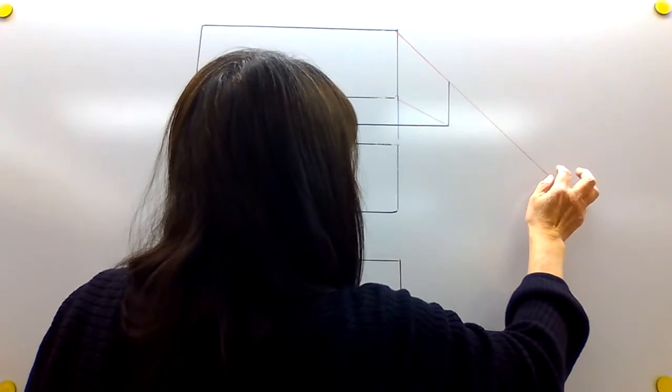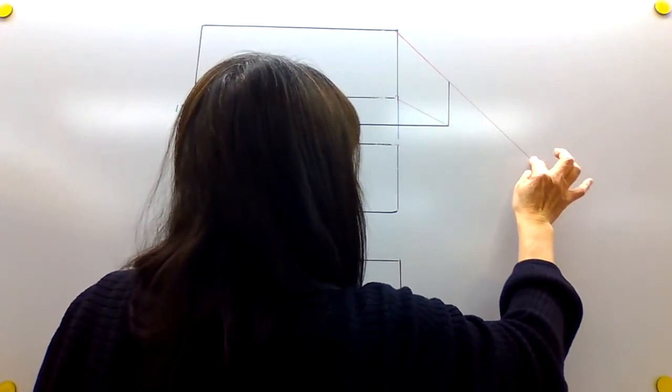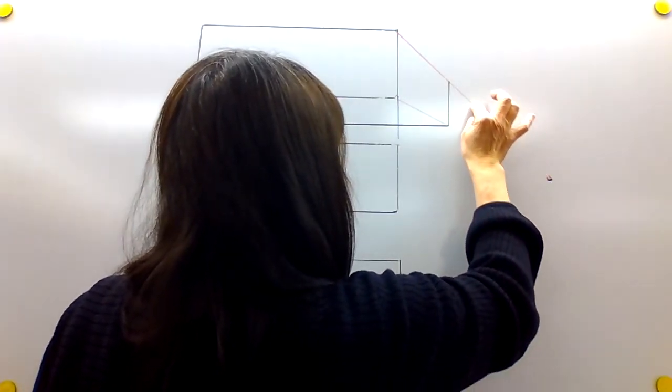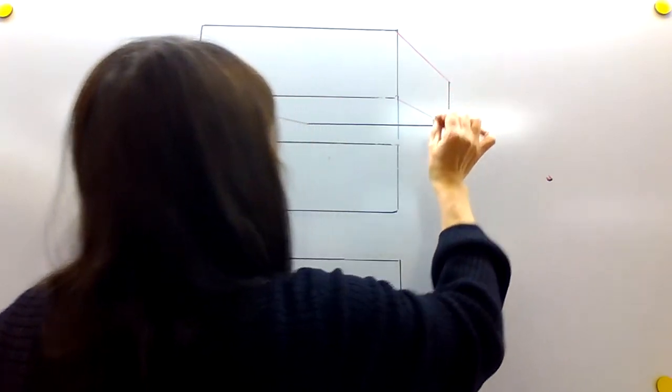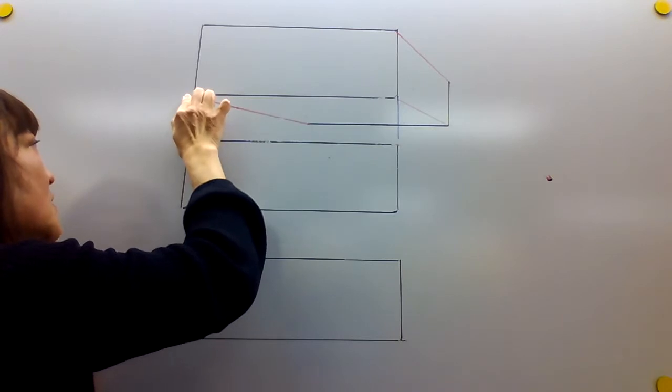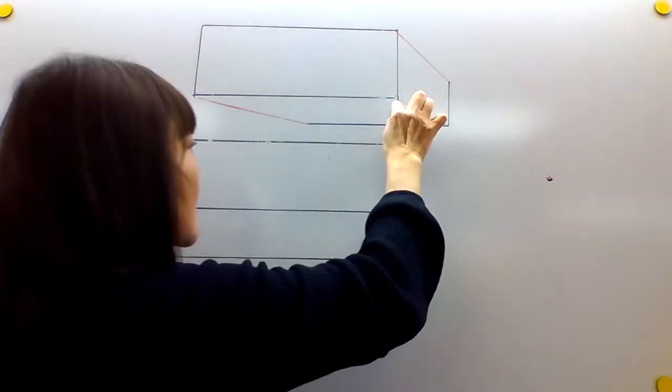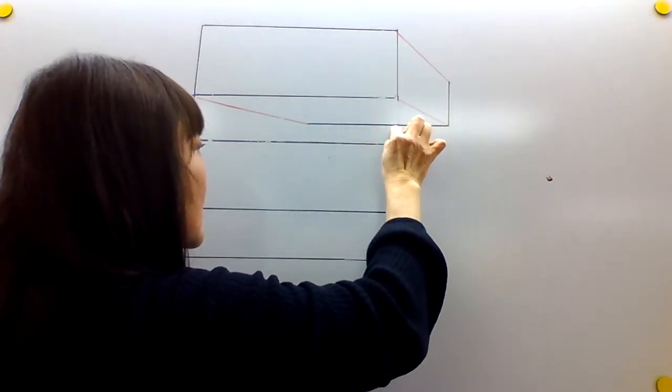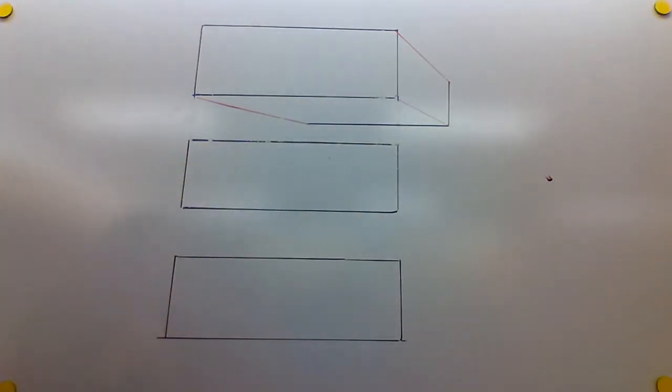Okay? And here we go. Okay. And also you have to erase the extension line. Okay, there you go. Okay, here's your top box.